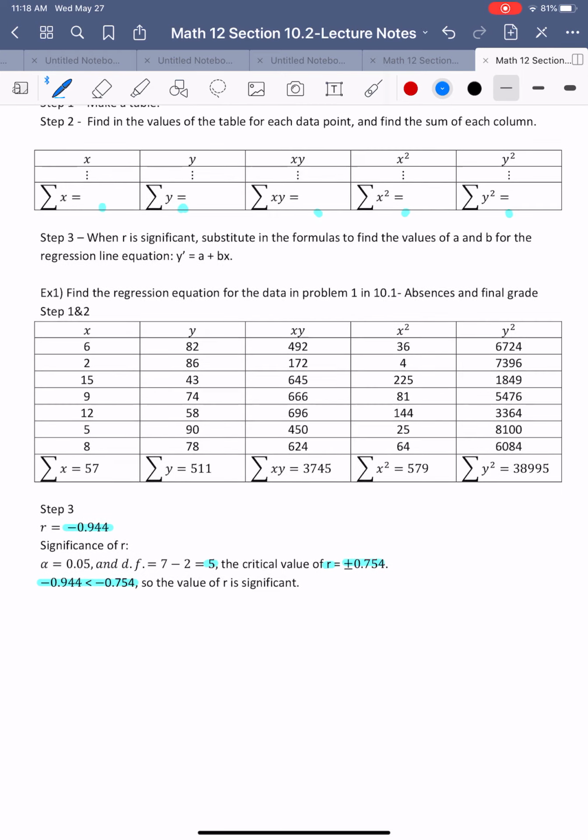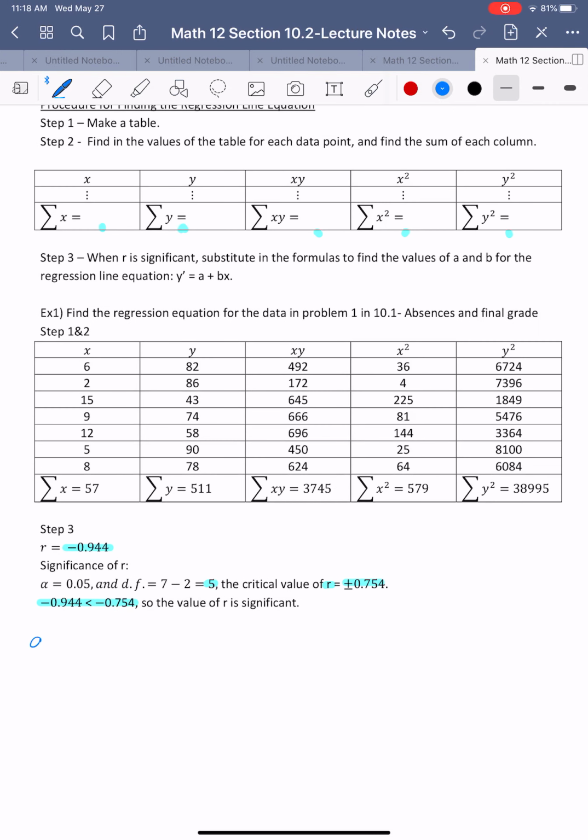So we can find a from here. The formula for a was sigma y times sigma x squared, subtract sigma x times sigma xy, divided by n times sigma x squared, subtract sigma x squared.